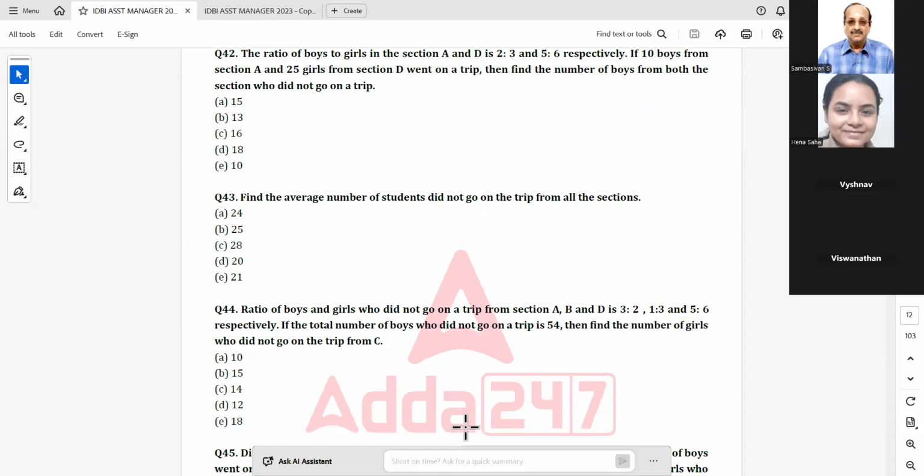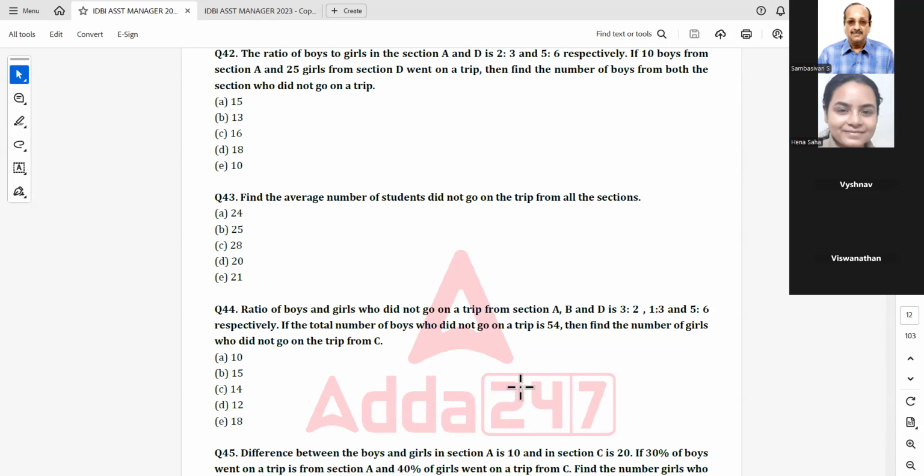The ratio of boys and girls who did not go on a trip from sections A, B, and D is 3:2, 1:3, 5:6 respectively. If the total number of boys who did not go on a trip is 54, then find the number of girls who did not go on the trip from C. They are giving so many things to count.